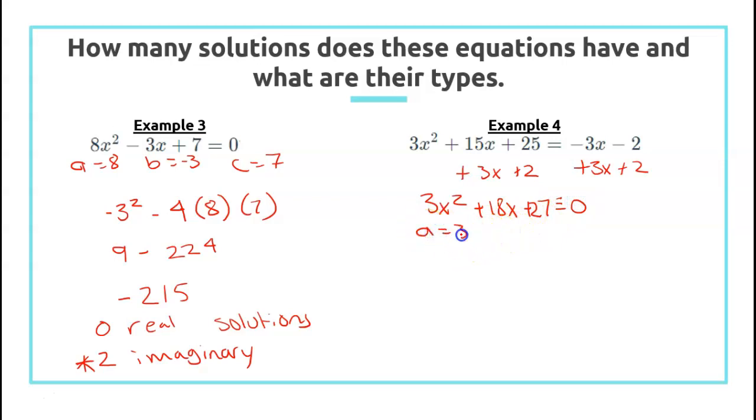My a is equal to 3, my b is equal to 18, and my c is equal to 27. Next, I'm going to write out my discriminant formula. So I have my 18 squared, which is b, minus 4 times a, which is 3, times c, which is 27.